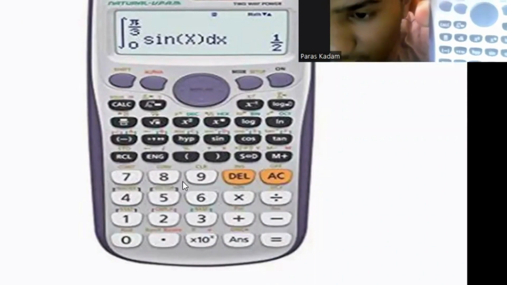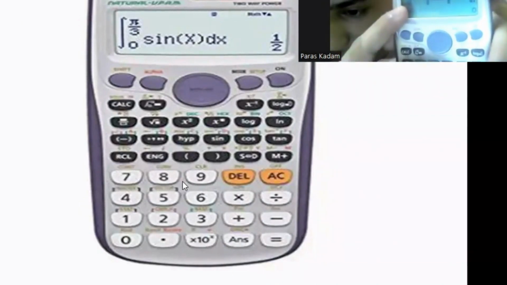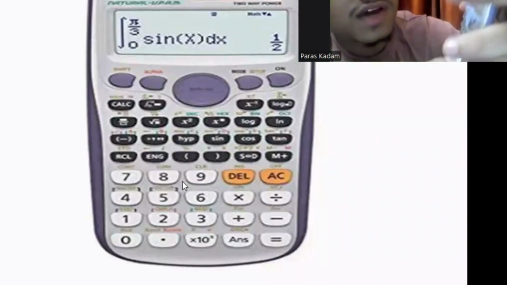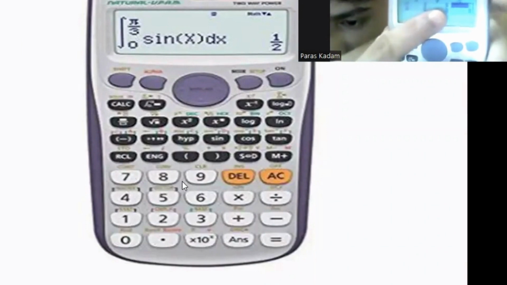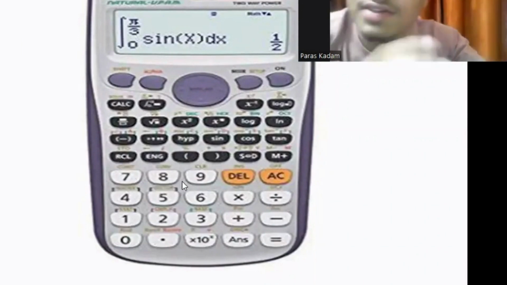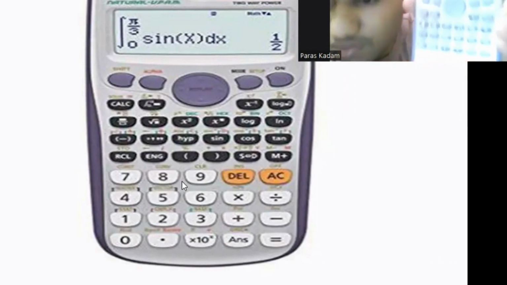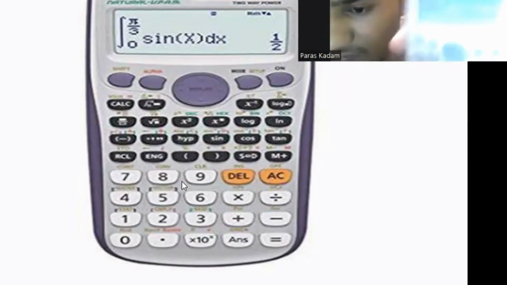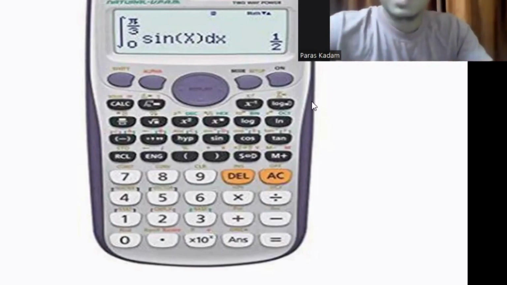After pressing equal, 3 is inserted. Then I will press 5 and then equal. I got 3 and 5 simultaneously. Then 3x plus 5y is equal to 10, so I will enter 10 and press the equal button. As you enter the coefficients and calculate, you will get the values of x and y.